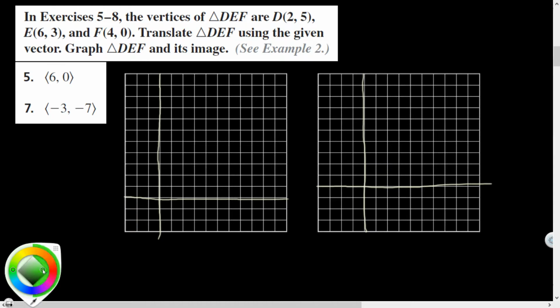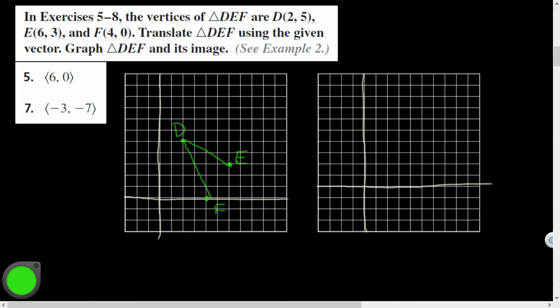There's D. E is 6, 3, so over 6, up 3 is right there. And F is 4, 0, so over 4 right there. So here is F. So here's the triangle.